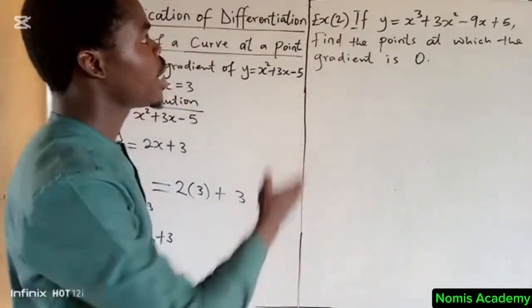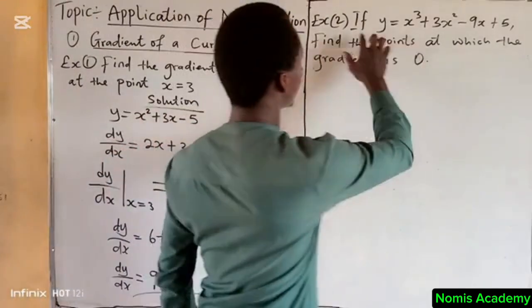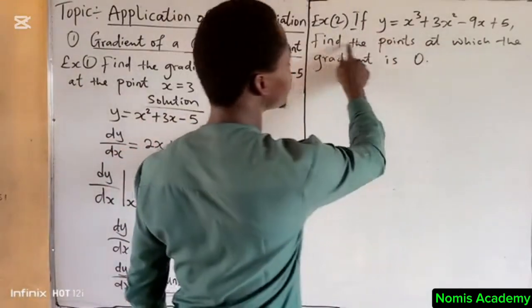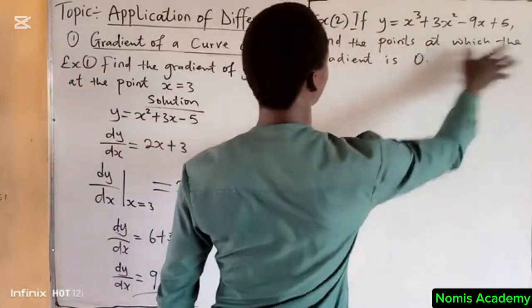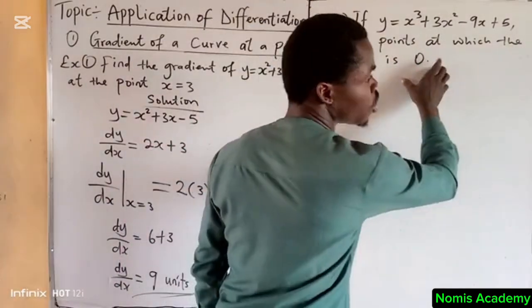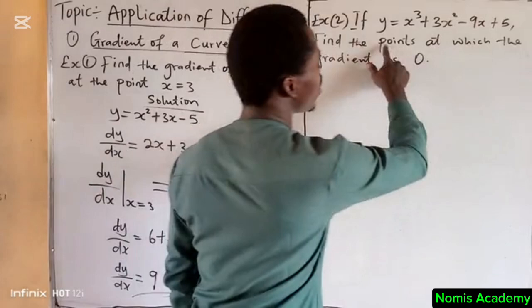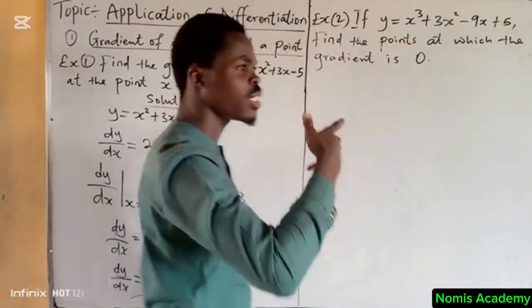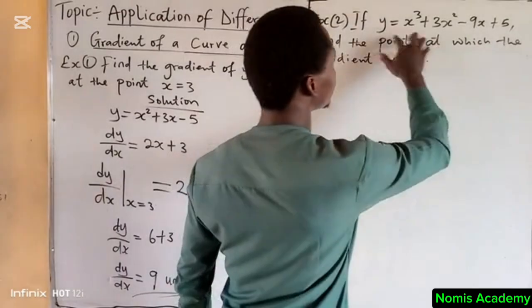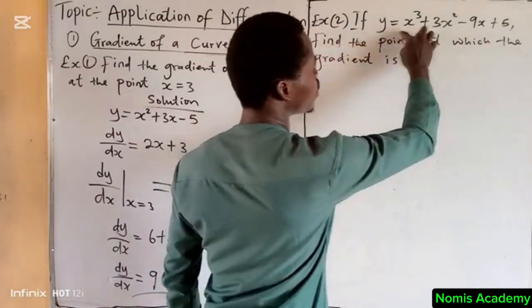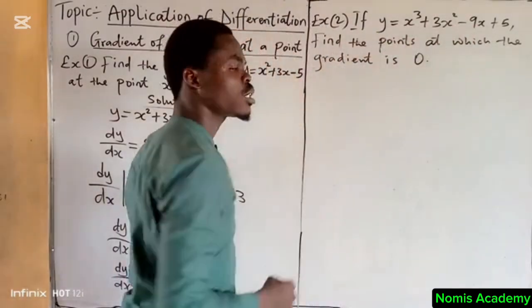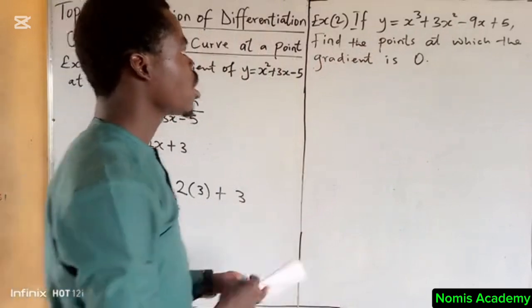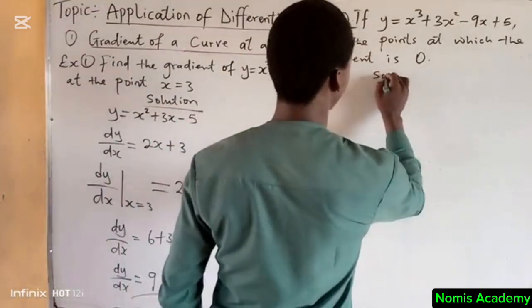So we are asked to find the points. Mind you, we are asked to find points, not just a single point, but the different points at which the gradient of this function is equal to 0.